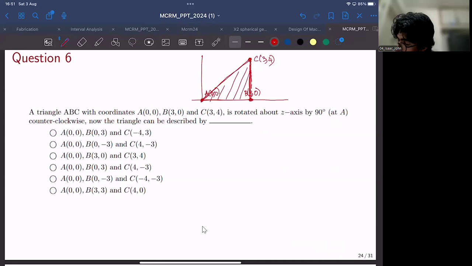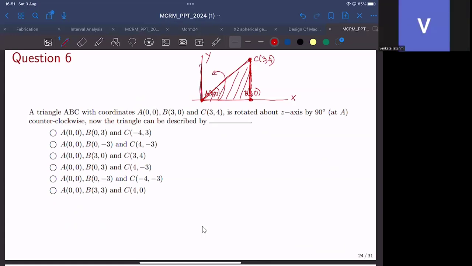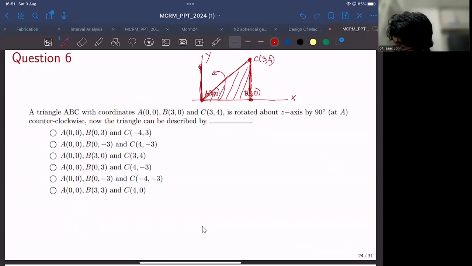And if you label this as X and this as Y, you are asked to rotate the triangle 90 degrees with respect to Z axis. So if this is X, this is Y, Z axis would be out of plane, right? So how would it look if you rotate it by 90 degrees? It would be something like this. On the top, B will come. What are the coordinates?